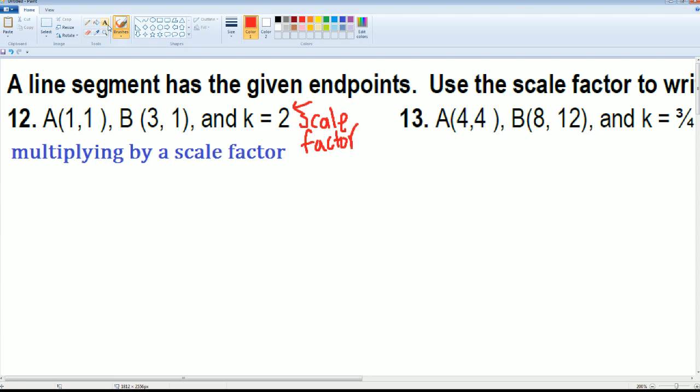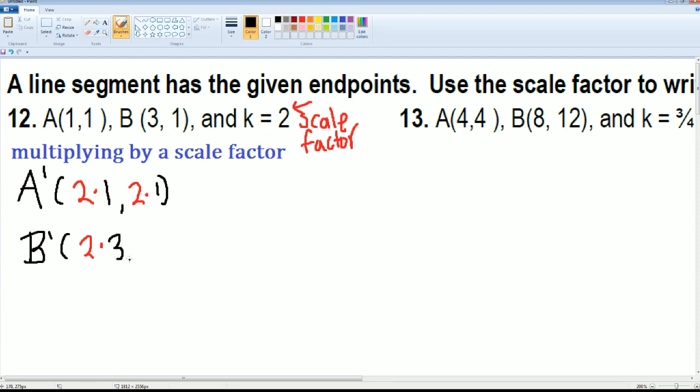Okay? So, what happens to the A? The A is going to become A prime. We're going to multiply by 2. So 2 is going to be multiplied to the 1, then 2 is going to be multiplied to the second 1. B prime. The 2 is going to be multiplied to the 3, and the 2 is going to be multiplied to the 1.